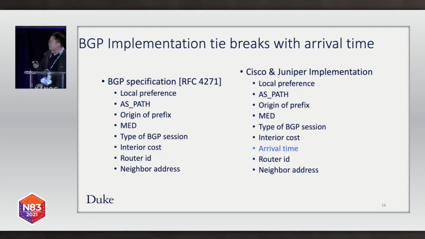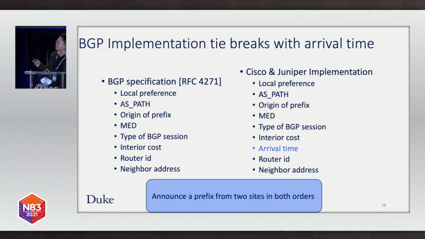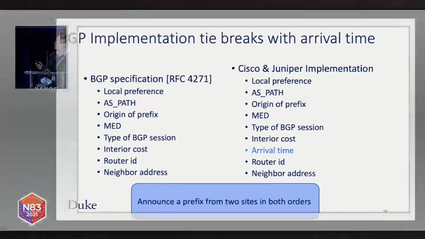So in order to get the most clients that have a linear order, we have resolved a few different problems. The first one is the BGP implementation of tie breaking with arrival time. On the left side is the RFC, which describes how route selection or tie breaking is done.